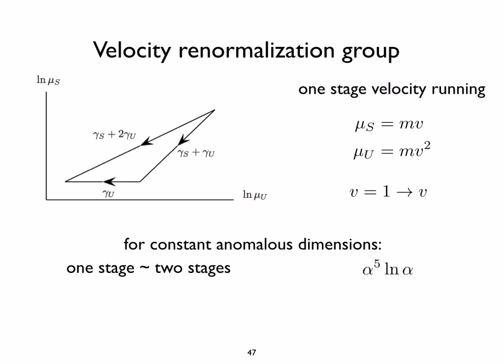But with two-stage running, we can reproduce also alpha to the 6 log alpha, alpha to the 7 log squared alpha, and alpha to the 8 log cubed alpha series, and we also find that this series terminates. We have now two small scales, alpha and v, so the power counting should account for both these scales.